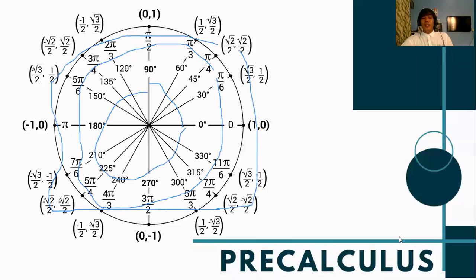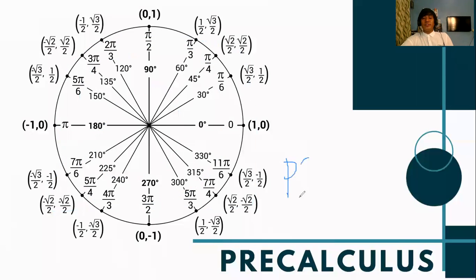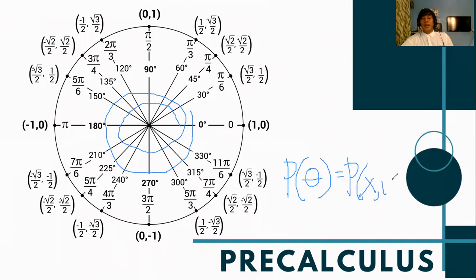Remember that for theta, the reference angle, every rotation of theta is represented by a trigonometric point P(x, y). These x and y values give us the cosine function and the sine function respectively.